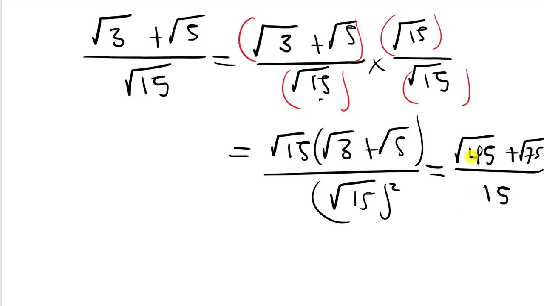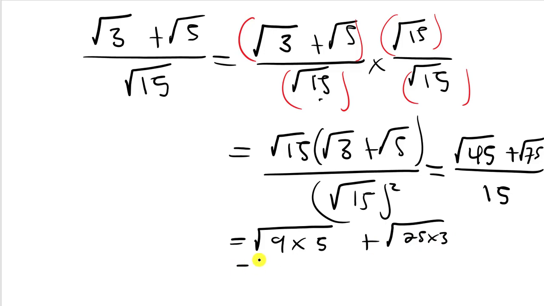It's supposed to be reduced to its lowest form. So we are going to have root 45, which is the same as root of 9 times 5, plus the root 75, that one too is going to be root of 25 times 3, all over 15.